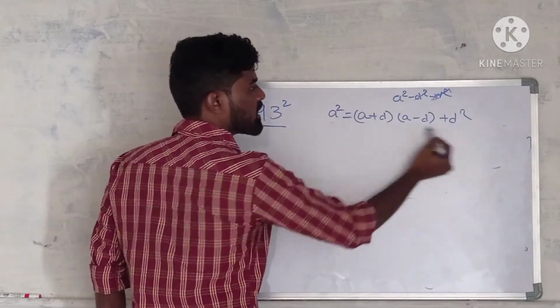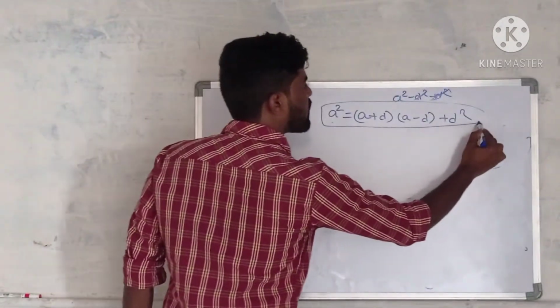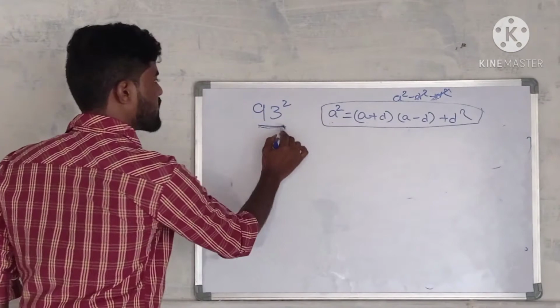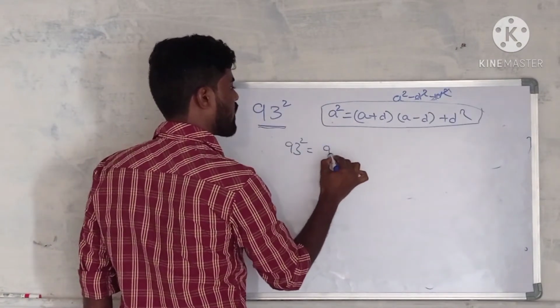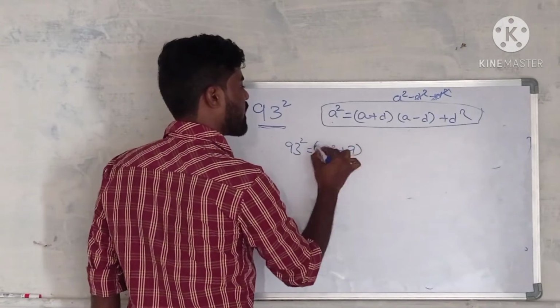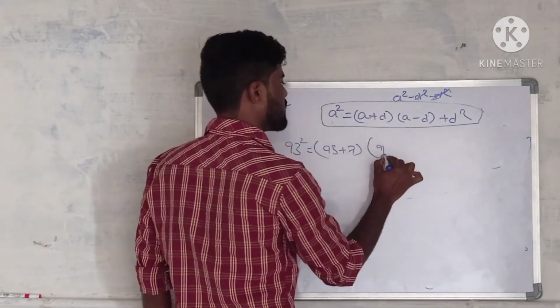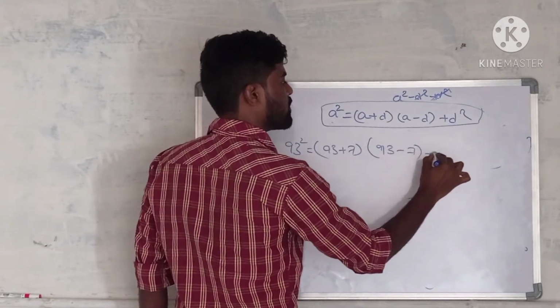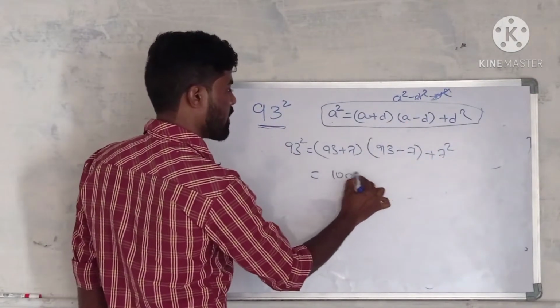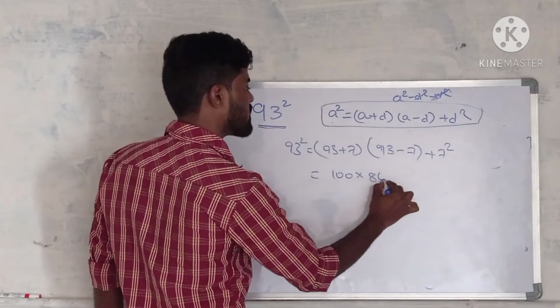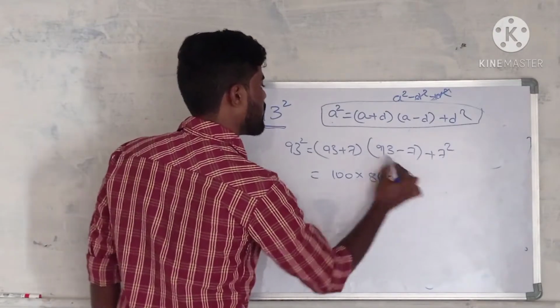So a square can be written in this form. Suppose there is the number 93. 93 square is (93 plus 7) into (93 minus 7) plus 7 square. This will become 100 into 86 plus 49.